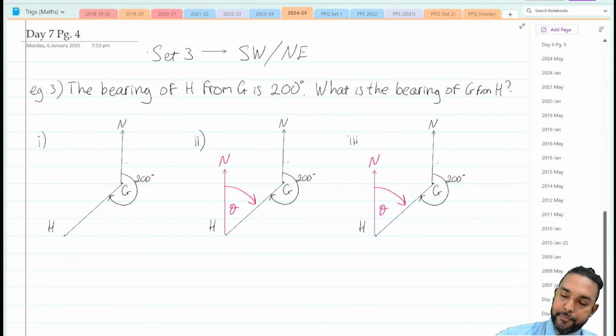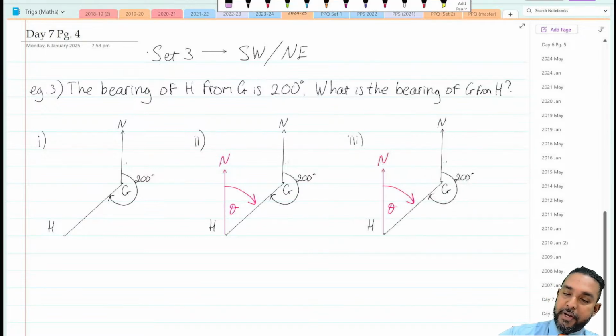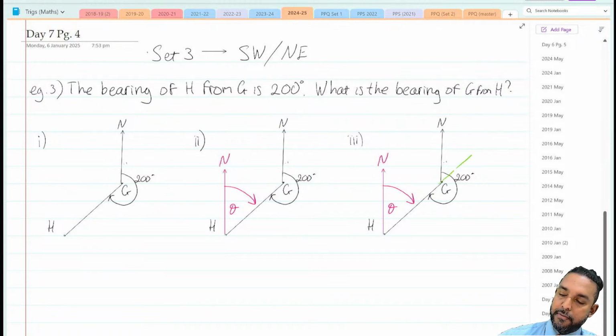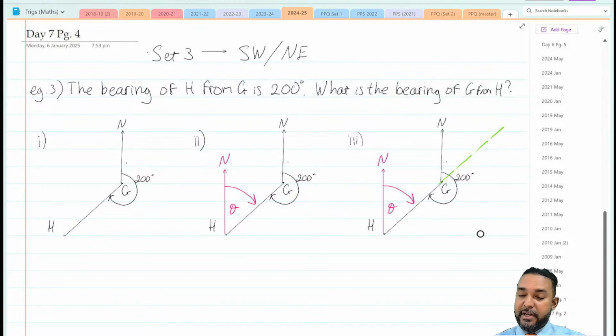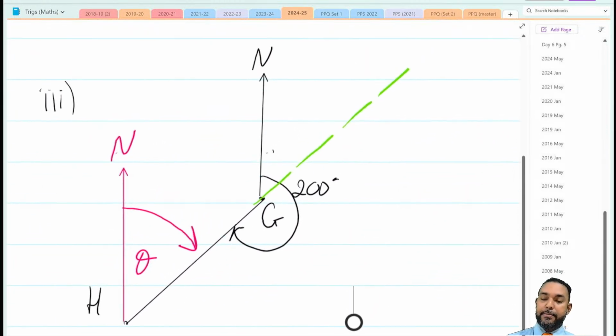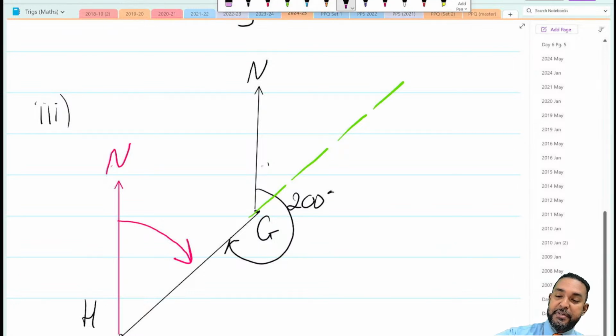Diagram 3, the third one. So we're going to extend that line back through G, like this way. Now what that does, let's zoom in there for a second, is it breaks up that 200 degree angle into 2 pieces.